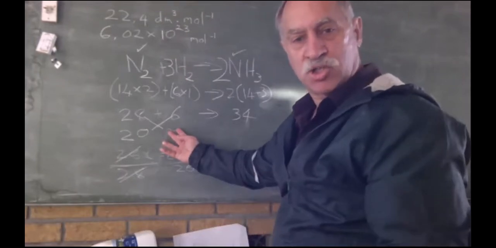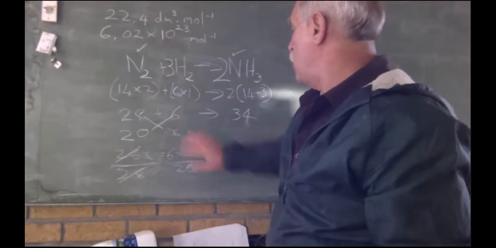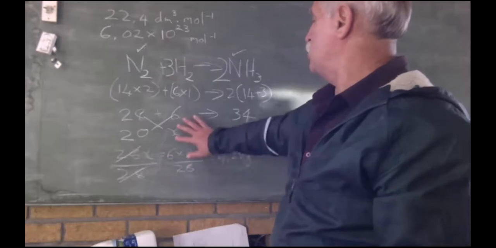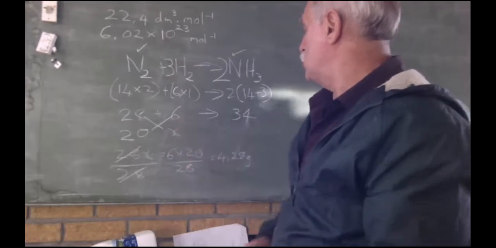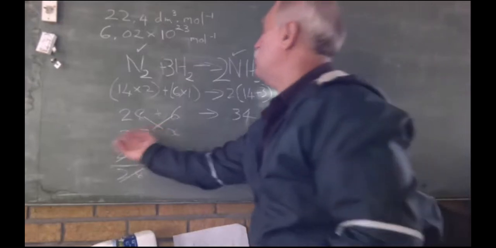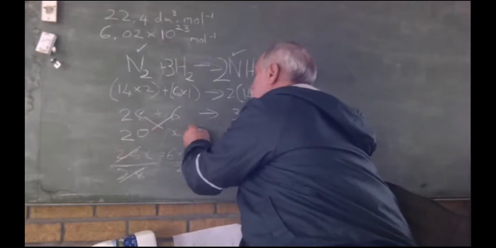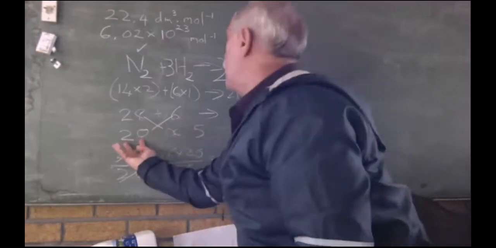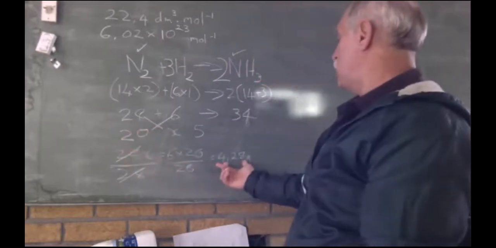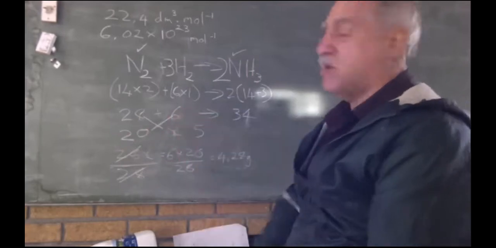So then they're going to ask again the same question. Which is the limiting reagent? Which one are we going to run out of first? And the answer is that when we've used up all 20 of this, and they gave us 5 of those, we're going to run out of that one first, because we're going to use up 4.28, and we're going to be left with about 0.7 of a gram of that at the end.